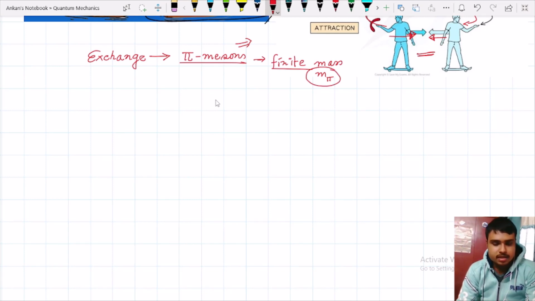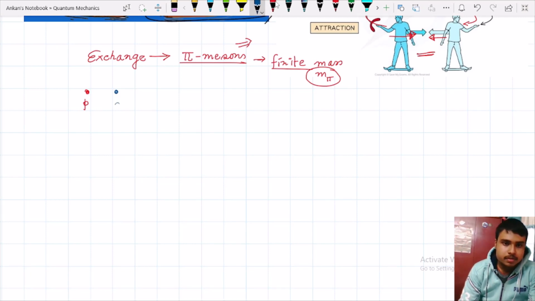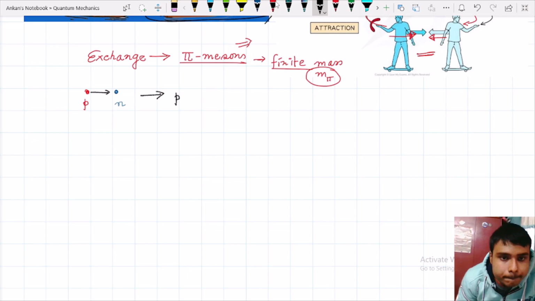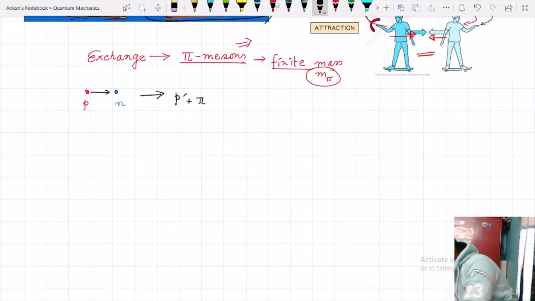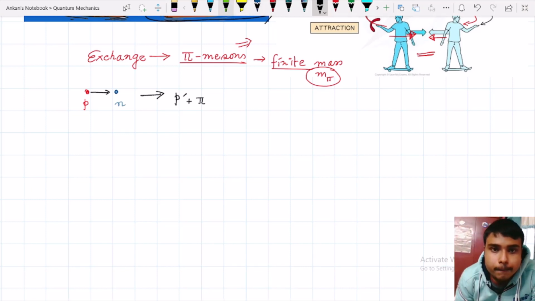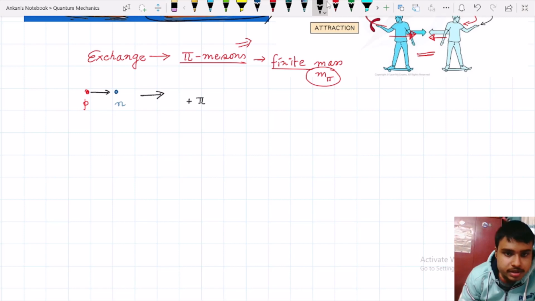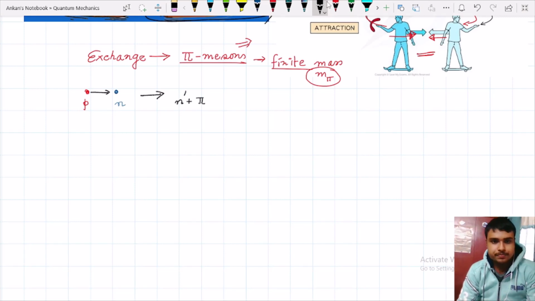So if a proton and a neutron exchange a pi particle, then this will be treated as follows: the proton first transforms into, let us suppose, a neutron and a pi plus, and this is the neutron.